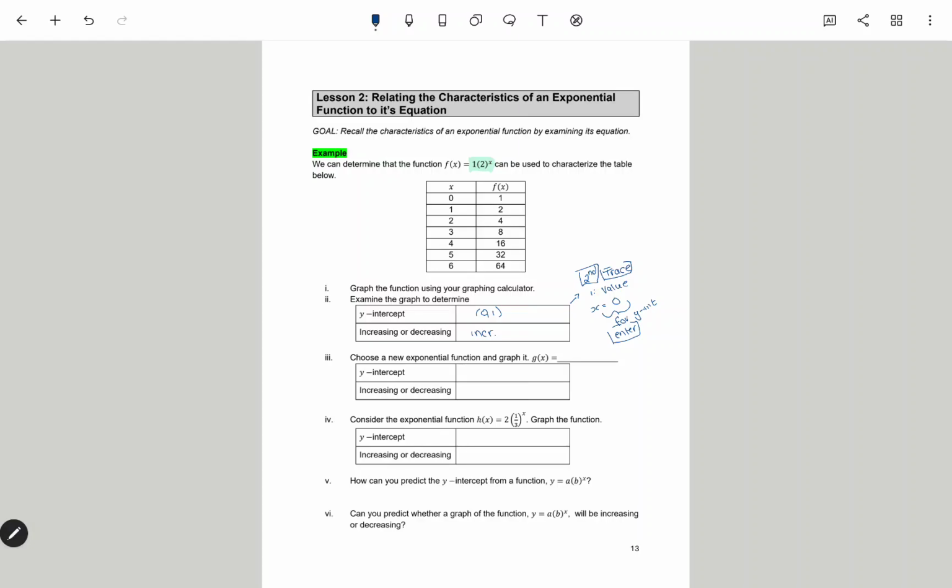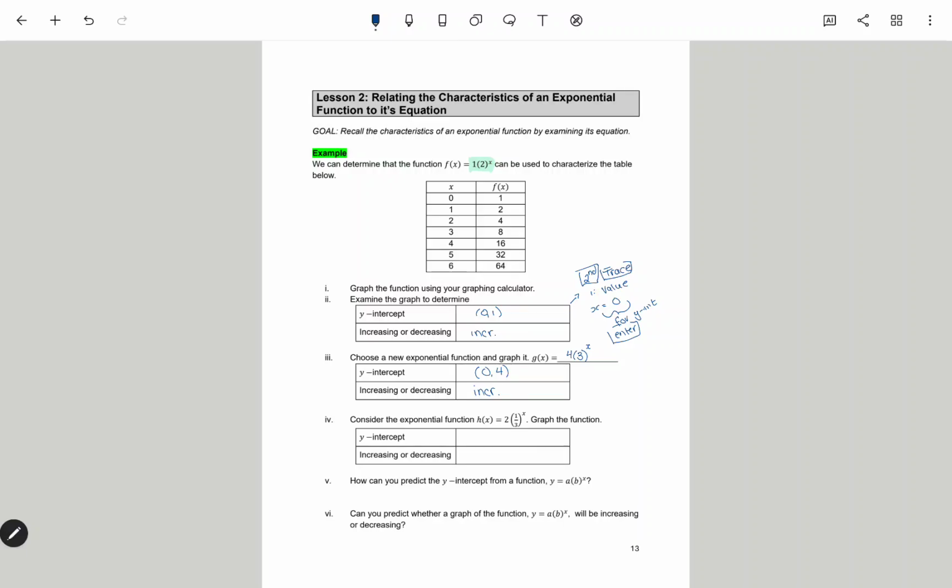All right, so we're going to choose a new function. Let's say g of x equals 4, 3 to the power of x. Again, take a second to graph that into your graphing calculator, and hopefully you find out that your y-intercept is 0, 4, and we are once again increasing.